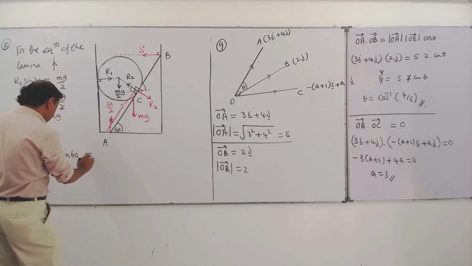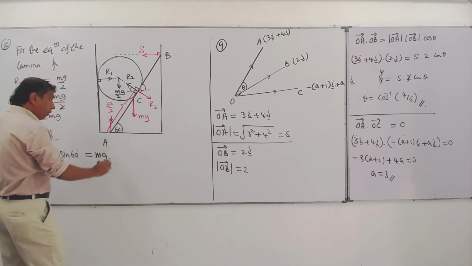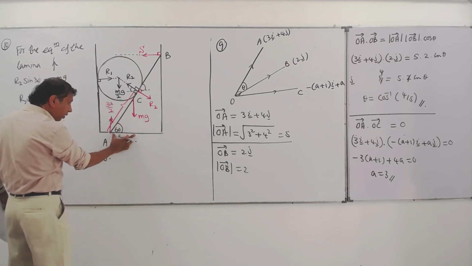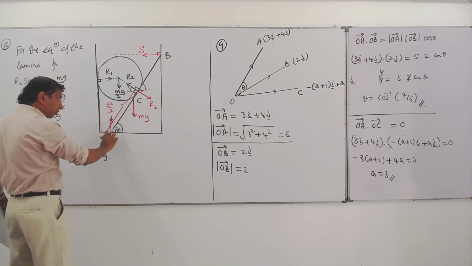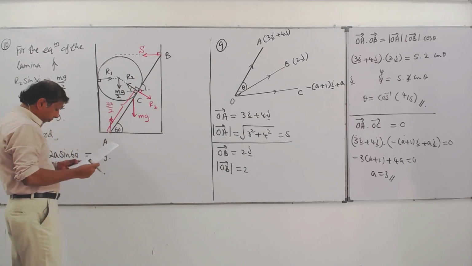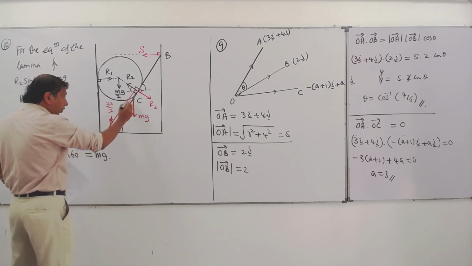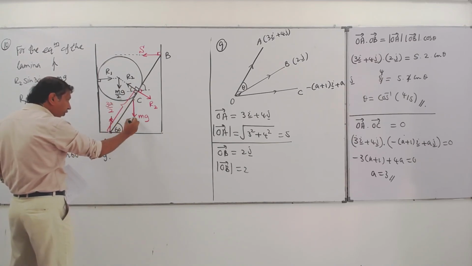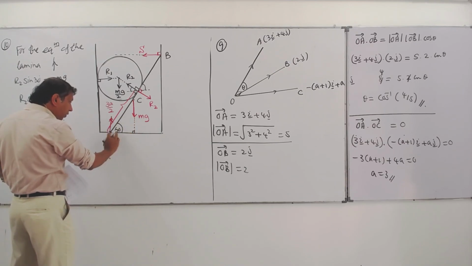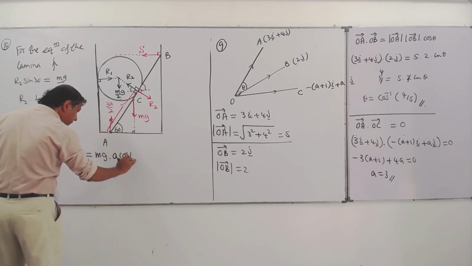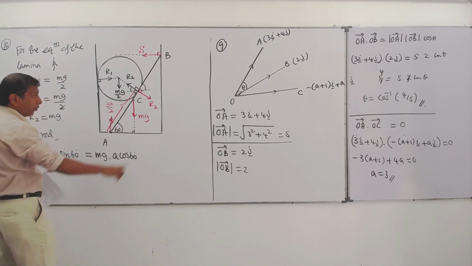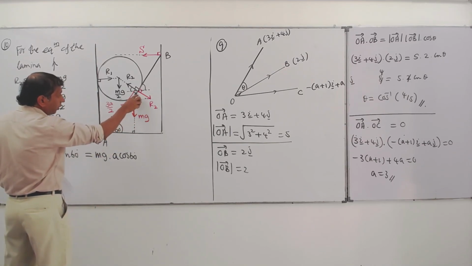mg, clockwise moment. When you produce this way, this length. This is a uniform rod. The whole length is 2a, no? Therefore, from here to here, a. When we drop this way, this is the length we need. This is a, this is 60, a cos 60. This R2 is perpendicular to the rod.